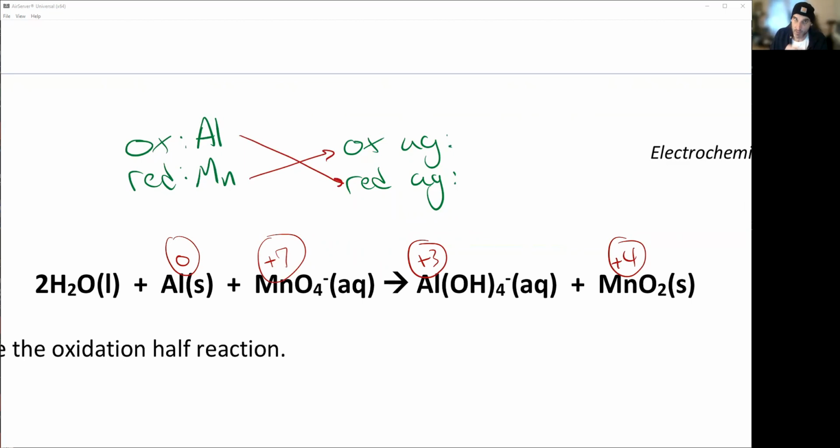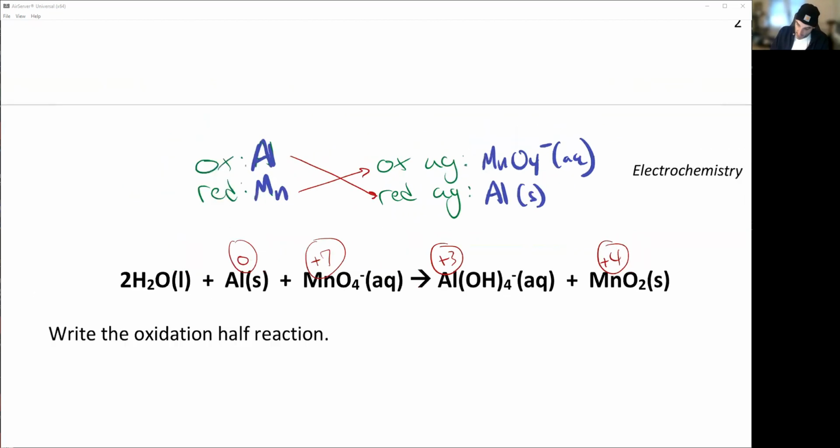Aluminum is oxidized, so it contains the thing that is the reducing agent. So the oxidizing agent is the MnO4 minus aqueous. That ion is the oxidizing agent. And the thing that contains the aluminum, which is just aluminum solid, happens to be the reducing agent. Okay, that's it. That's how we identify those things.